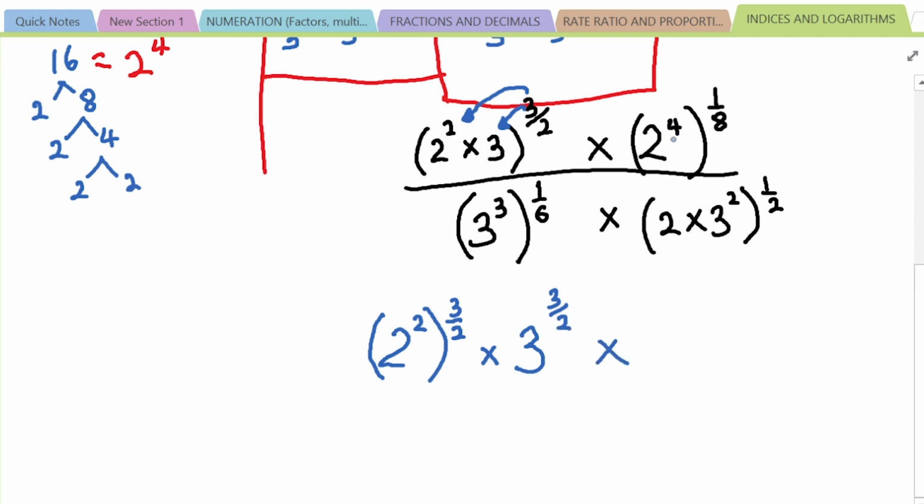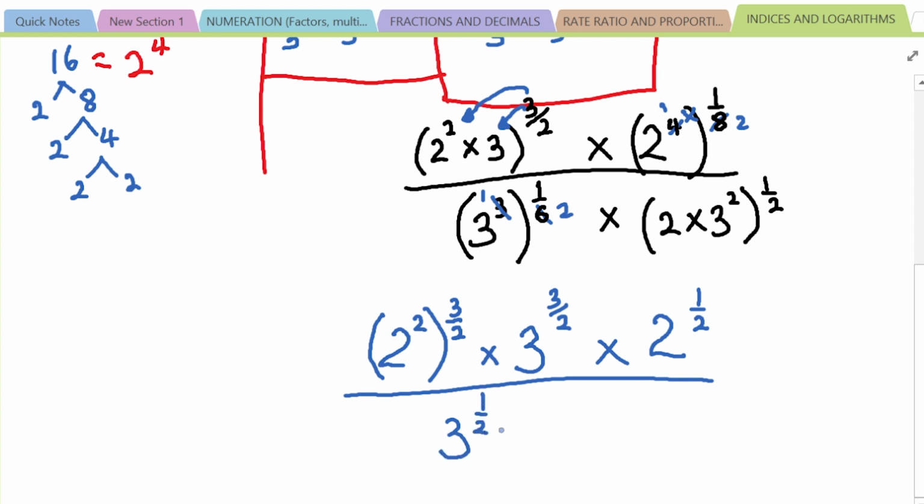Multiply that by, now this is a quarter times an eighth. So this is going to remain as 2 to the power here by 4 once, by 4 twice. So it's 2 to the power a half. Let's get all that divided by, here it's by 3 once, by 3 twice. So this is going to become 3 to the power a half.